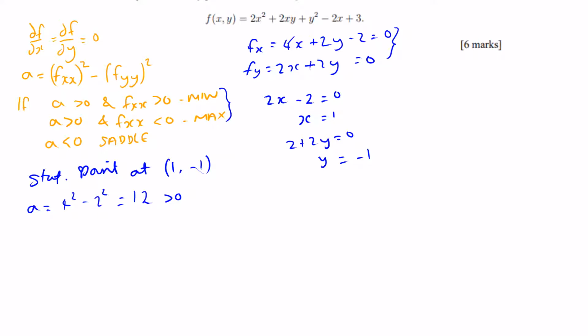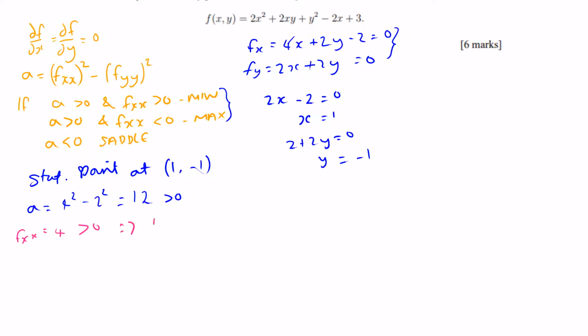To find out if it's a minimum or maximum, we need the second derivative with respect to x. So fxx is 4, and that is greater than 0.